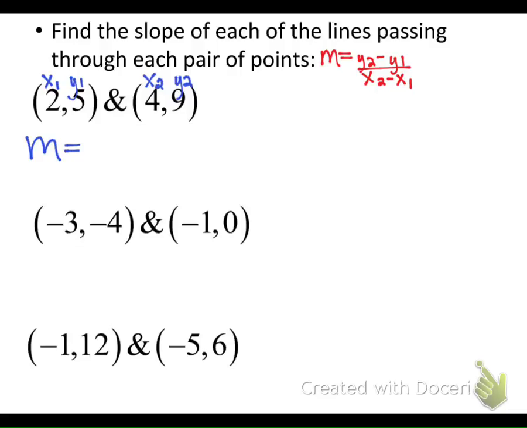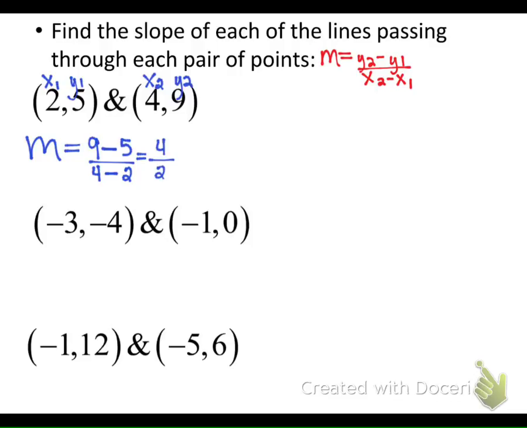So y2 comes first. What do I substitute for my y2? 9. My operation sign, according to my formula, is subtraction. Now what do I plug in for y1? 5. So over x2, and then my operation sign is minus x1, 2. Good. And now I subtract. What's 9 minus 5? I subtract my bottom, 4 minus 2.